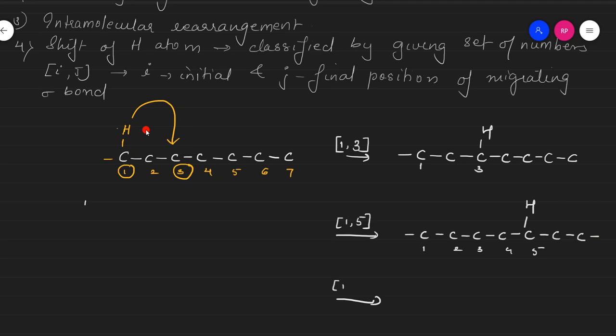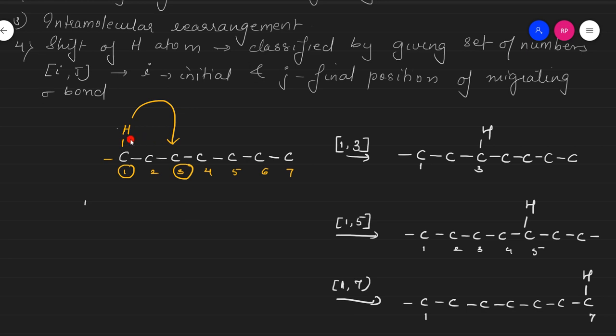Similarly, you have a 1-7 shift. So this was my first carbon and this is my seventh carbon. The initial position of the H was 1 and the final position is 7.